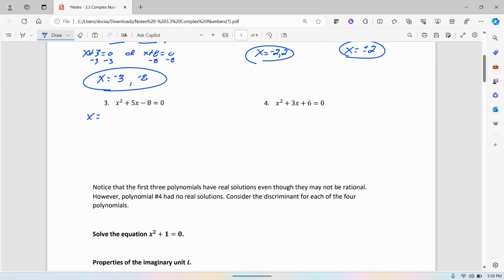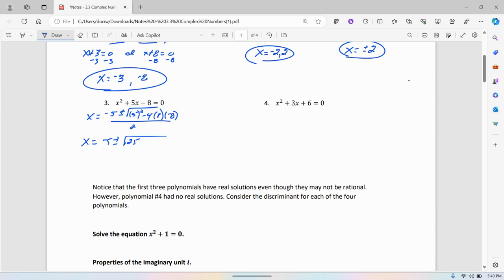So x is equal to the opposite of the b value, which is 5, plus or minus the square root of b squared minus 4 times a times c, all divided by 2a. So x equals negative 5 plus or minus the square root of 5 squared, which is 25.